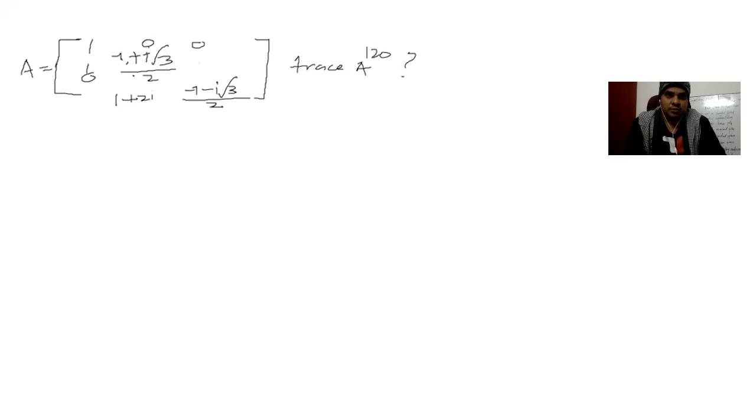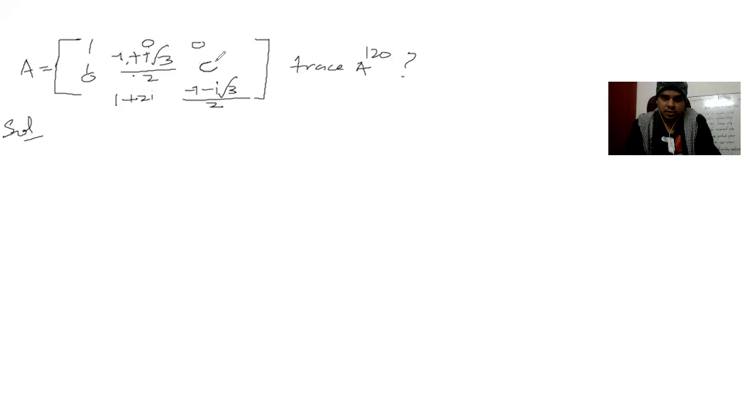Now we have to reach this A power 120, which is typical. So we will have to take a few properties related to matrices. See carefully, this one element is missing. I think it's zero here as well.